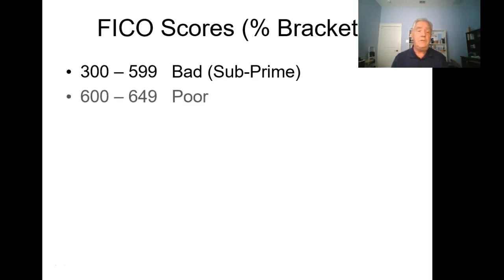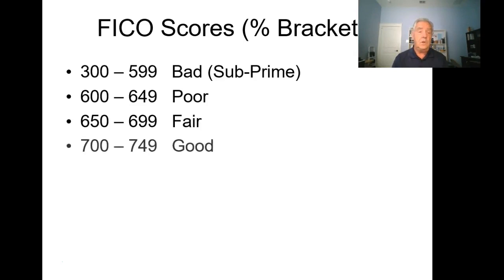The next category is 600 to 649. That's still poor credit. You're going to have a tough time borrowing significant amounts of money if that's your credit score. 650 to 699, they consider fair, right? Fair meaning average. 700 to 749 is good credit.